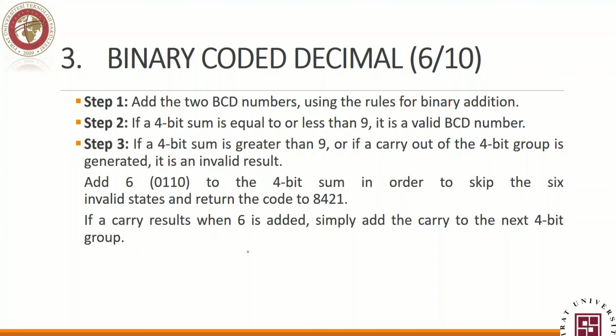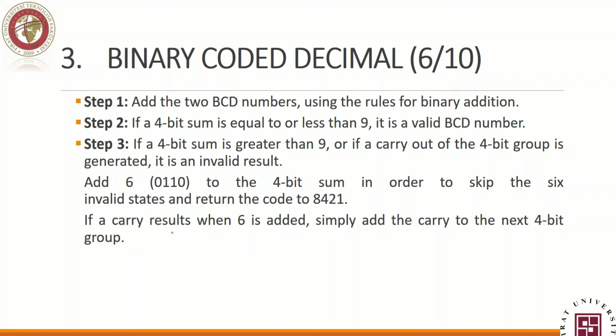What we need to do is move it to a valid BCD. In order to do that, we need to rotate it, like circle it, which can be done by adding 6. Why? Because we have 10, 11, 12, 13, 14, 15, these are 6 invalid codes.